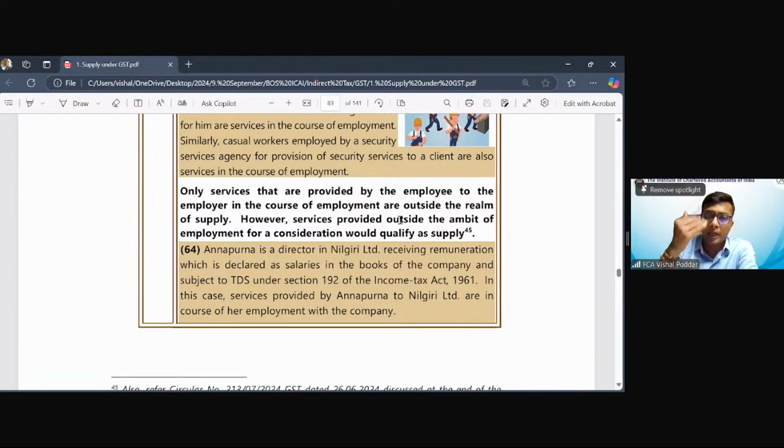So one, every month I get a fixed salary, which is in the capacity of employee, which falls in Schedule 3, no supply. But at the same time, from the same company, in this particular scenario, I am getting money for a specific transaction or service which I am giving to the company, but here the capacity, the status is different.